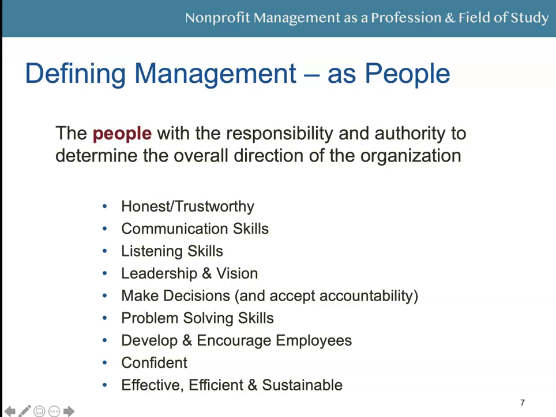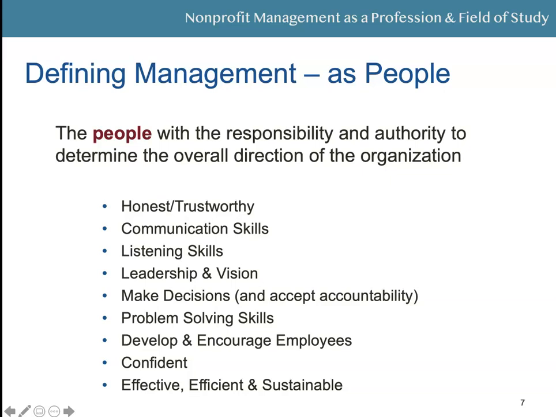We want them to have very good communication skills, which includes good listening skills. We want them to have leadership and have a vision for the organization. We want them to make good, sound, ethical decisions, and to accept accountability when maybe the decision they made wasn't the right one.